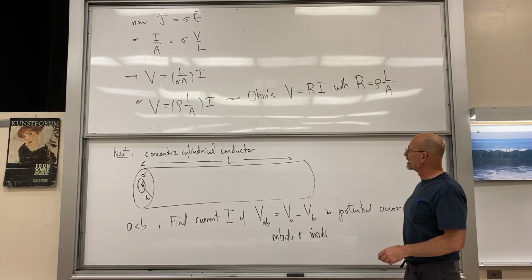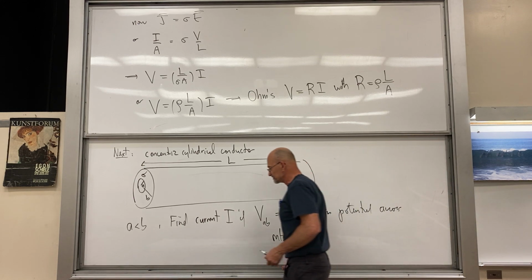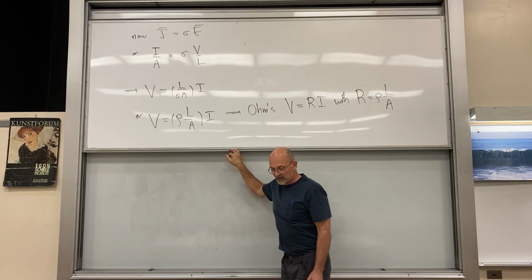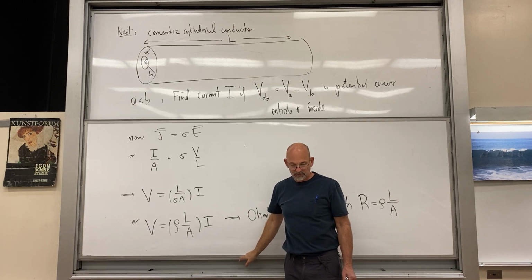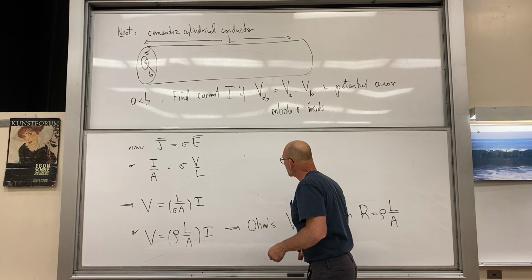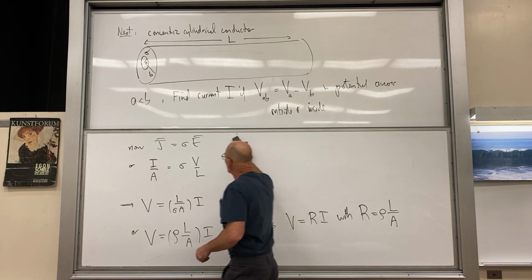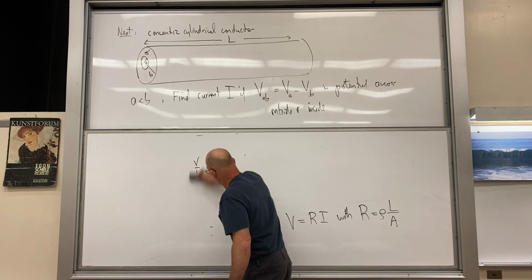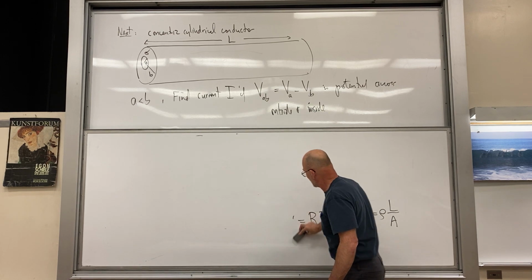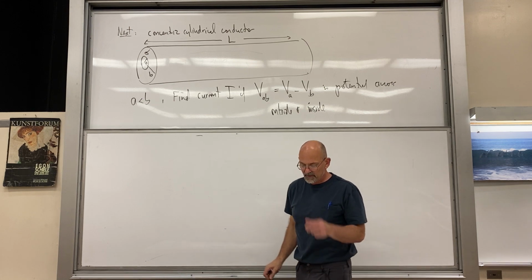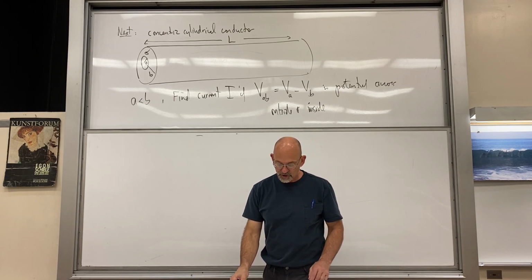So that's not quite as simple, so we have to do a little bit for it. What we're going to do is invoke the symmetry of the thing. And we'll get the E field, and then we'll get the potential.